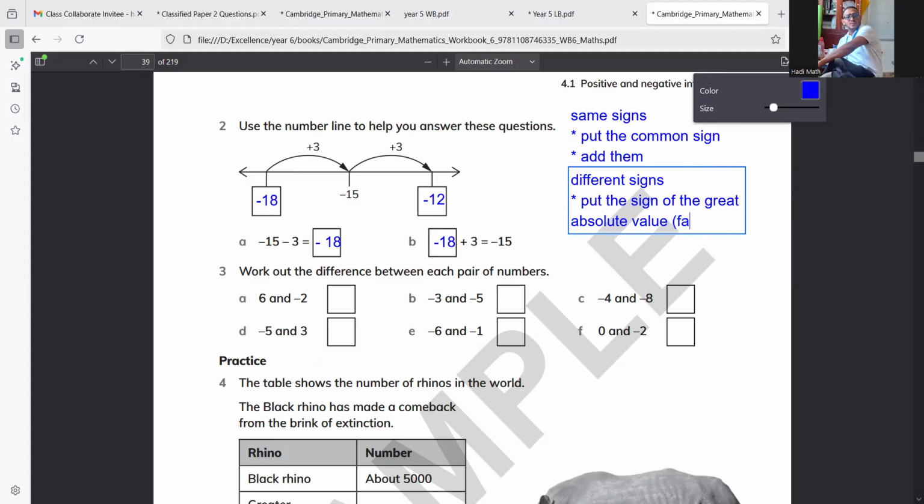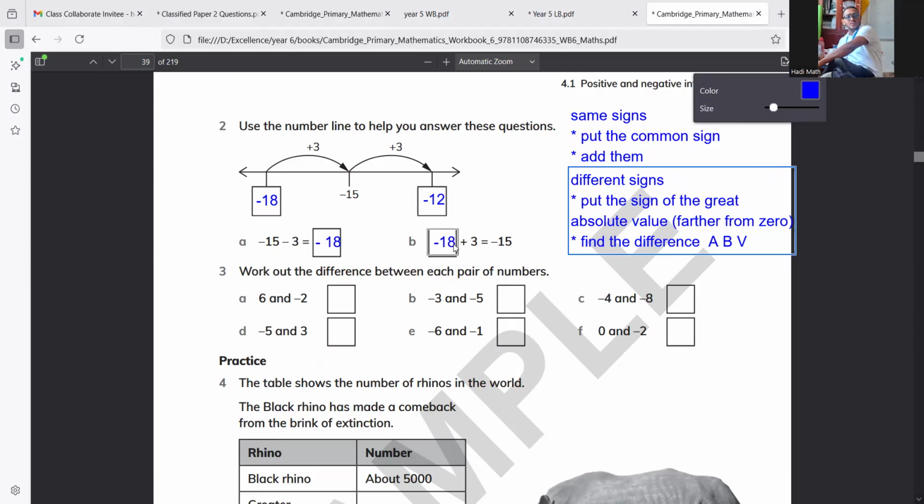The one that is farther from 0. Then step number 2, find the difference of the absolute values, or find the difference for the two numbers.